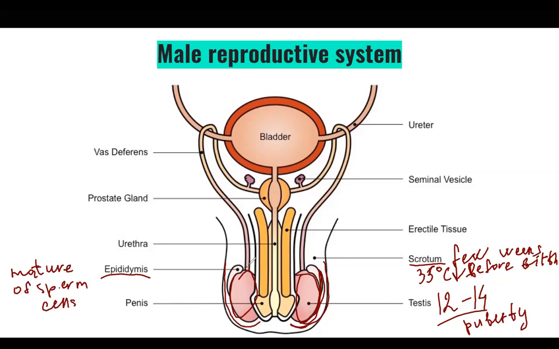Also, the male reproductive system contains two ducts. We call them vas deferens, or another name is sperm duct. The sperm ducts carry sperm from testes to the penis.